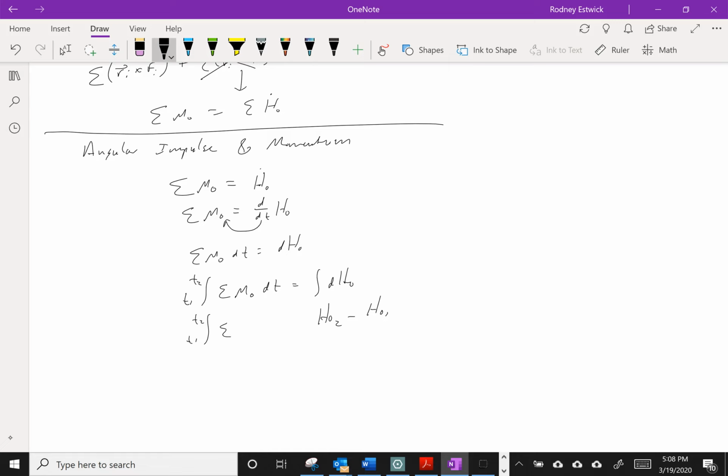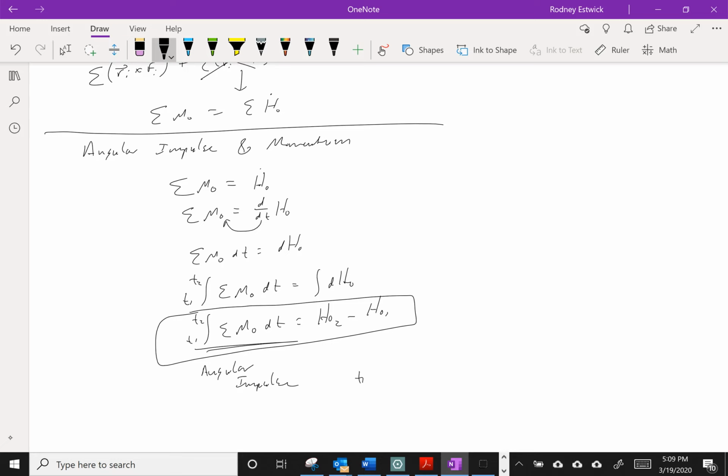Remember when we did forces and linear momentum, we left it in this notation because we may or may not know what the exact moment formula looks like in time, but we know there's a start and an end to those moments, and then you have the beginning and the final angular momentum that come out of that. So this is the angular impulse.